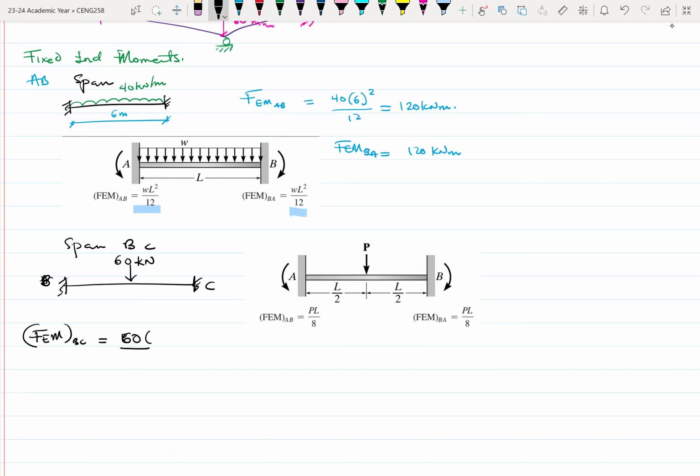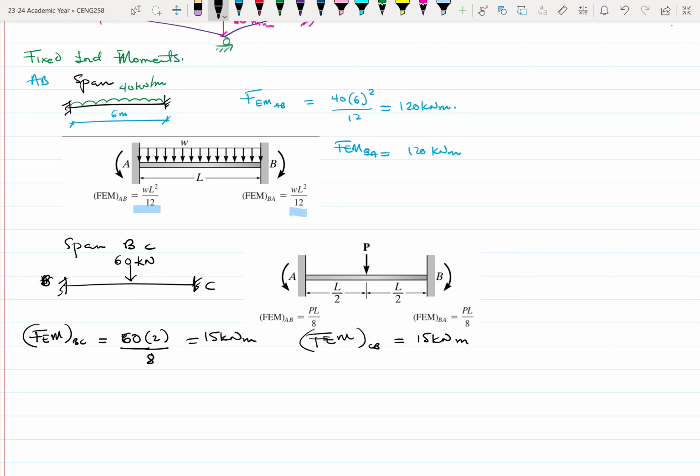So P times 2 over 8, 60 times 2 divided by 8, gives us 15 kilonewton meter. The same way, the fixed end moment for CB will be equal to 15 kilonewton meter.